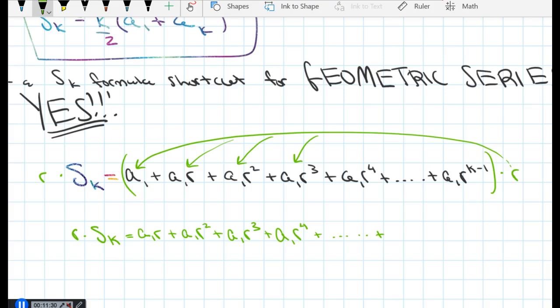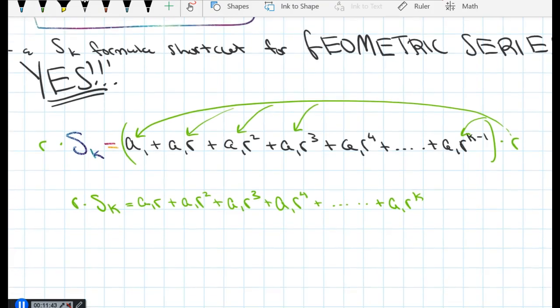When I multiply this term by r, when I distribute, this becomes a sub 1 times r to the k, right? Very good.